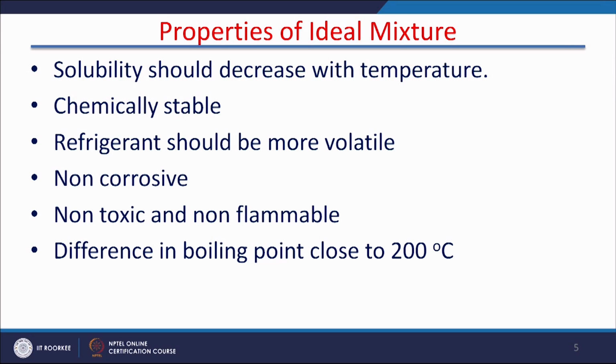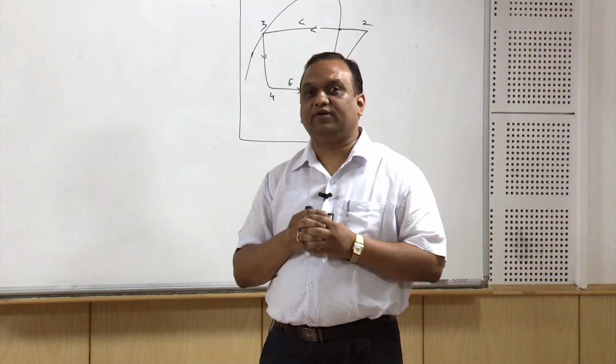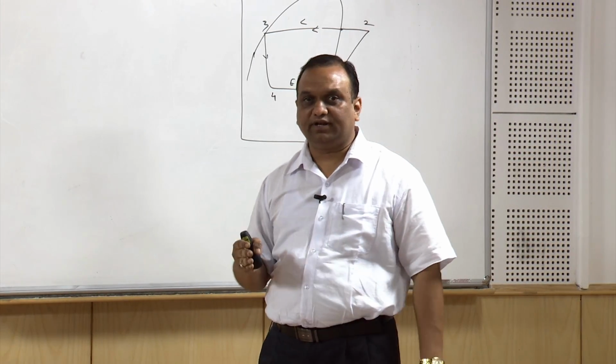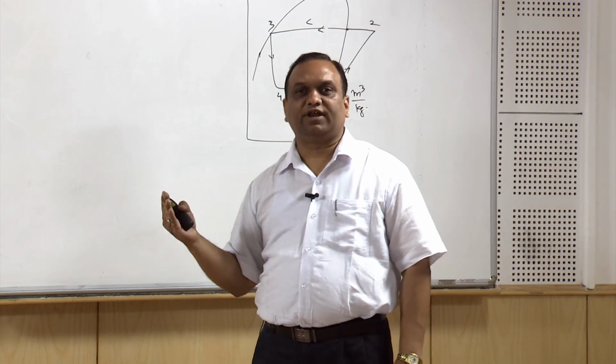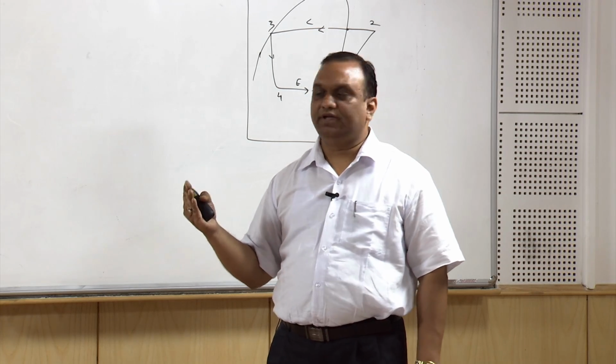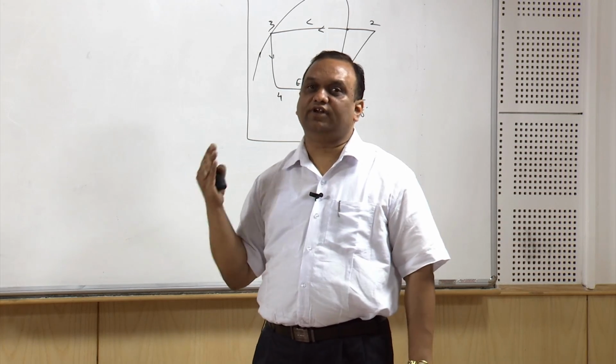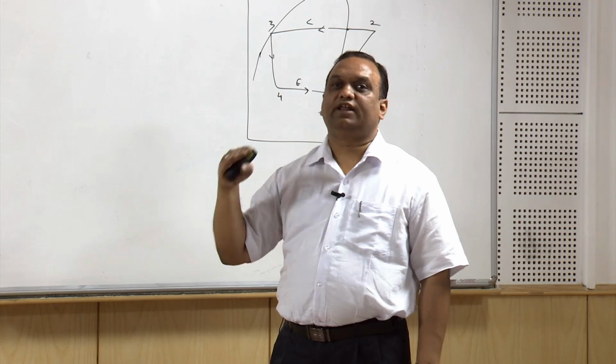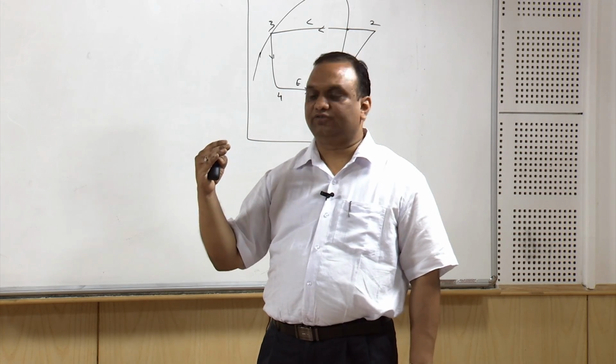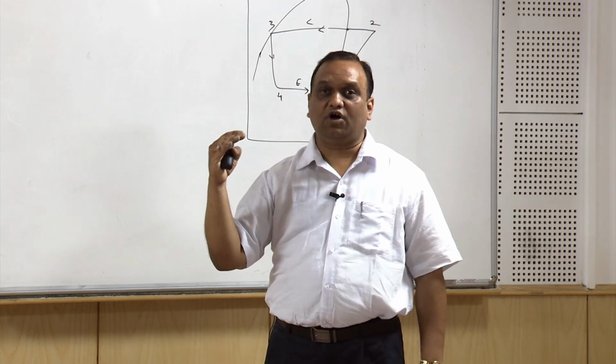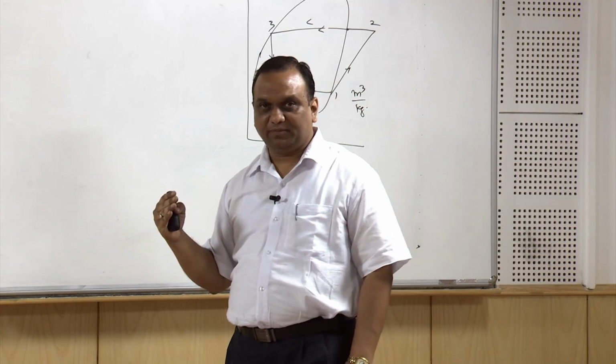Now the properties of mixture, properties of absorbent and the refrigerant. Solubility should decrease with temperature. That is always desired, because in absorber the refrigerant is absorbed at lower temperature, the pressure of the refrigerant is increased through a pump, and then the mixture is heated in generator. In generator, the refrigerant is liberated, definitely the solubility of the refrigerant reduces in generator, or it is required to be reduced in generator.